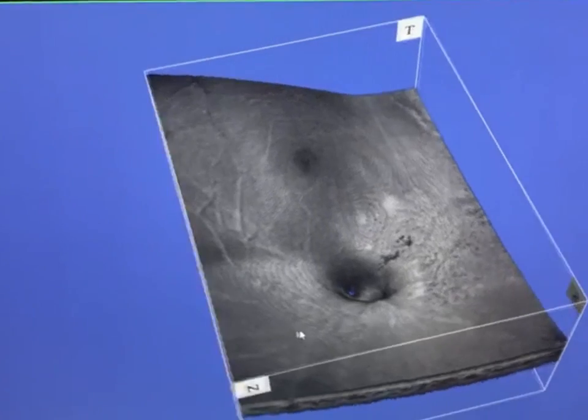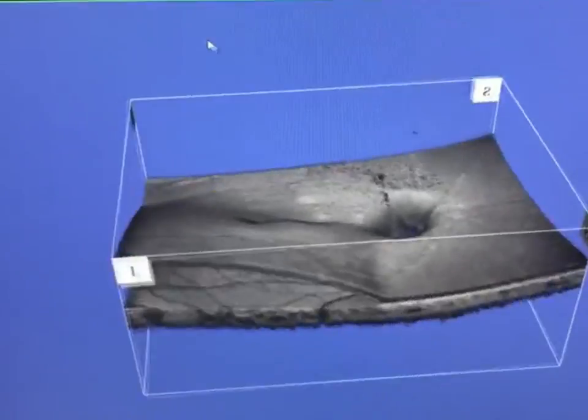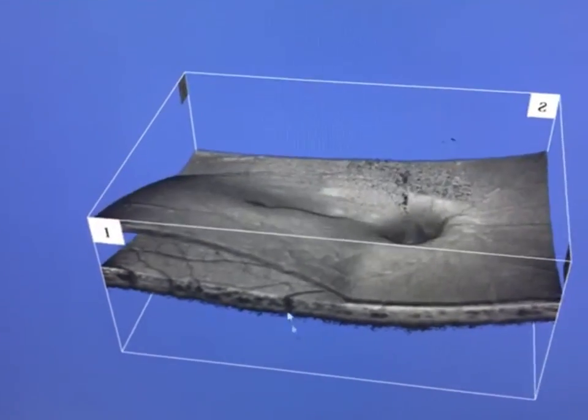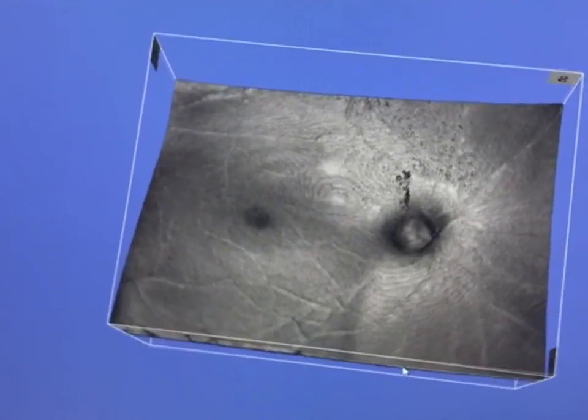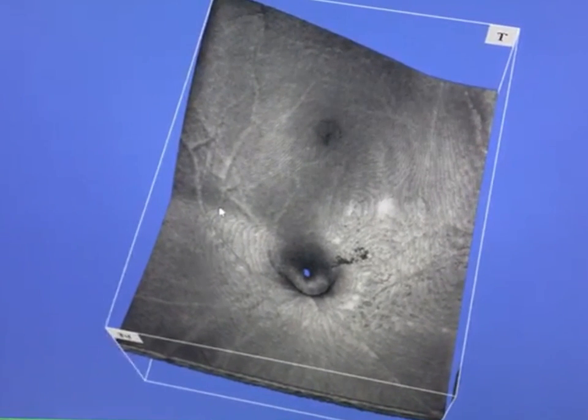So look at this video. You will see at the end of the video a small hole indicating the passage like a tube into the optic nerve, connecting the perineural space to the retina and the vitreous cavity.